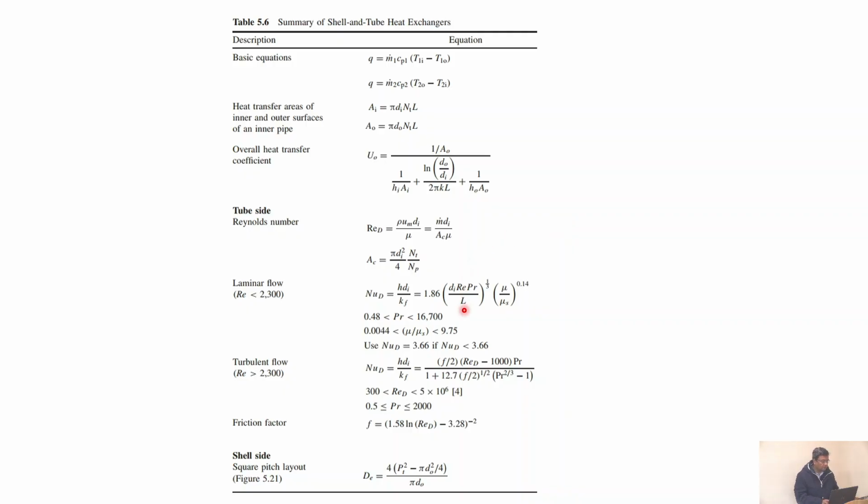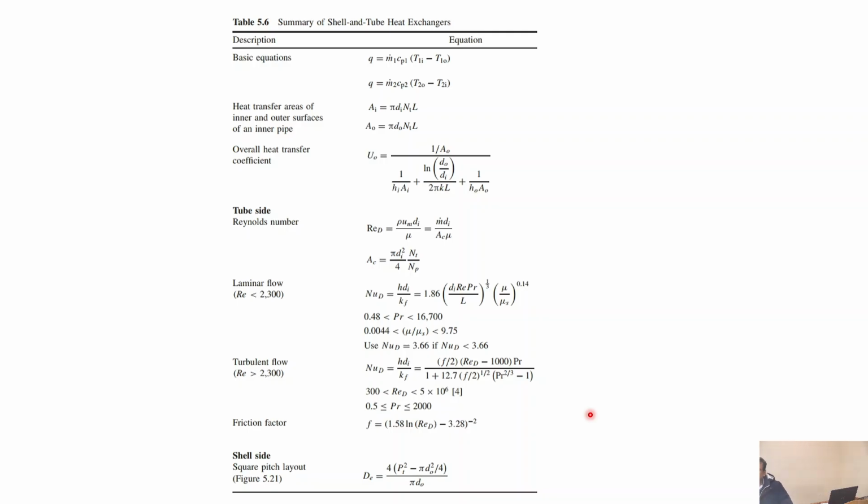So there is a correlation for tube side laminar flow, tube side turbulent flow, stuff like that. The number of tubes, from that you get area, you have m dot, so from that you get velocity, and once you get velocity with other dimensions, you can get the Reynolds number.